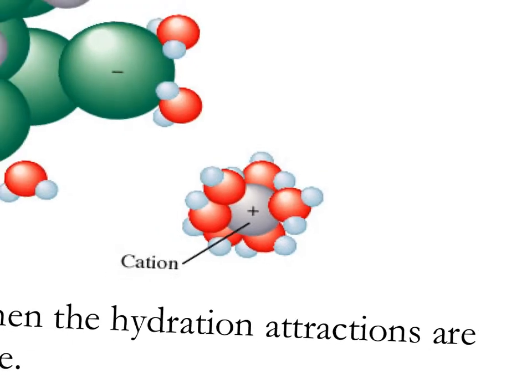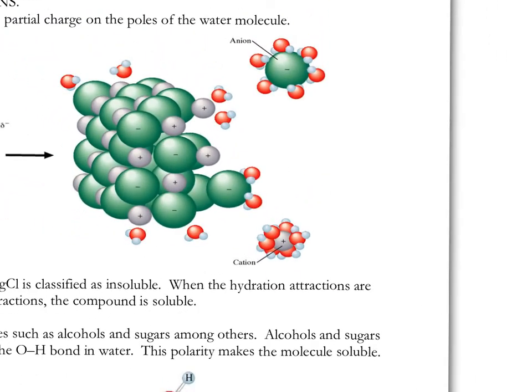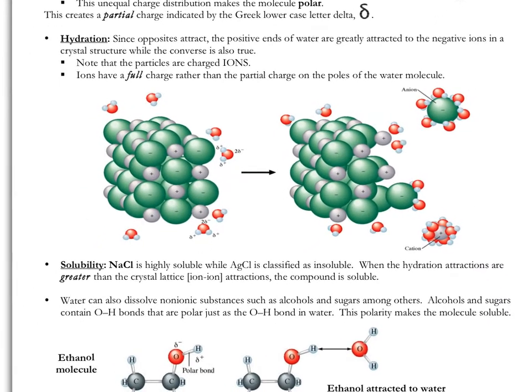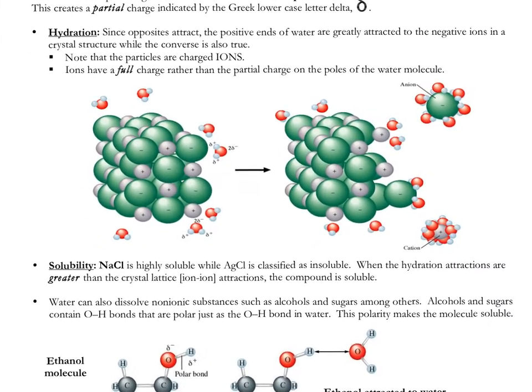Very important. Draw that. Think about that. When you are hearing about hydration, when you are looking at ionic compounds, think about what's negative. Think about what's positive. That is important. That is something to know.